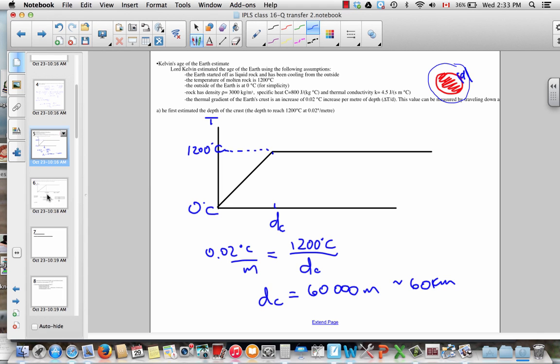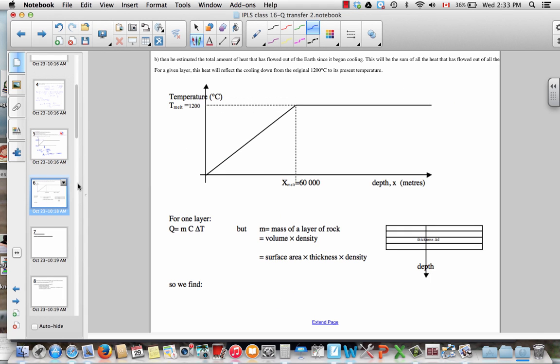So next he said, all right, if we started off, so this is the 60,000 meters we worked out, by the way, with a totally molten Earth, and we've ended up sometime later looking like this, how much thermal energy has been lost to space?